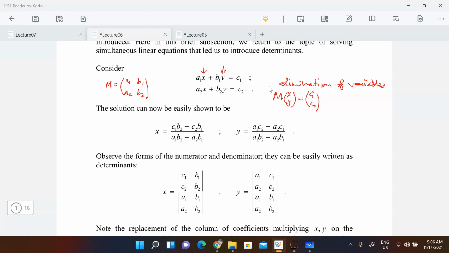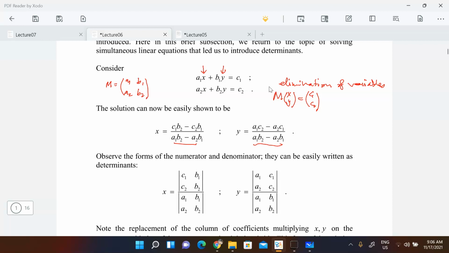And you'll be able to see that the denominator over here, that gives you the solution, is the determinant of M. So you have A1 B2 minus A2 B1, for both the solution for x and y, but the one on top is involving your c's.